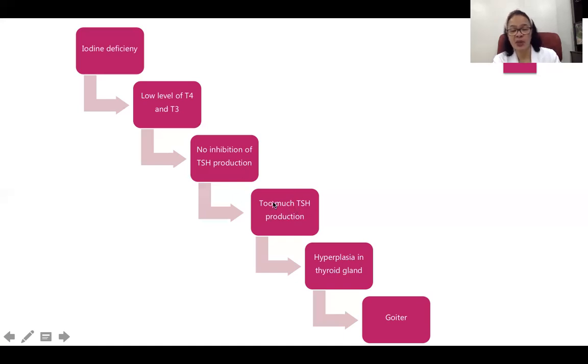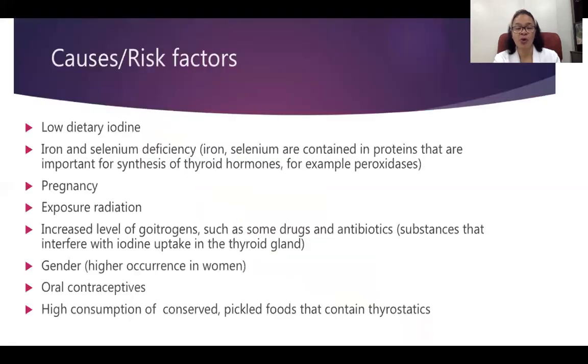So the excess amount of TSH will cause the thyroid gland cells to multiply and divide excessively, resulting in goiter. So that's how your iodine deficiency can lead to the formation of your goiter.